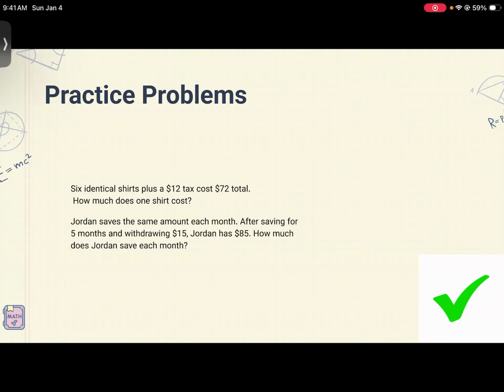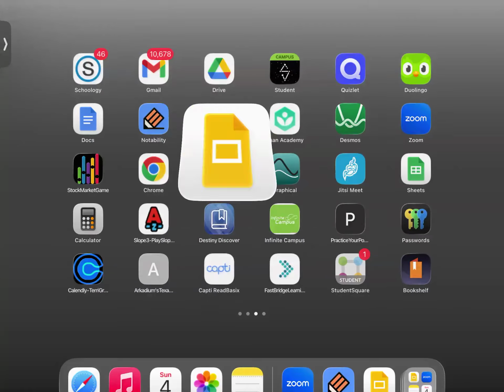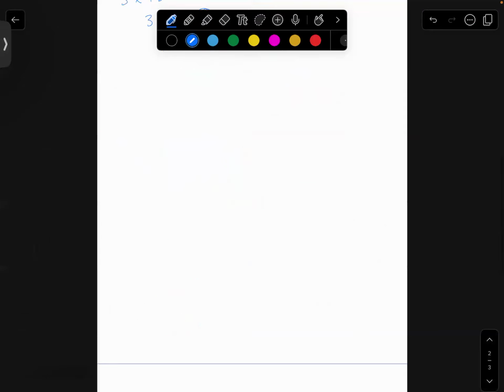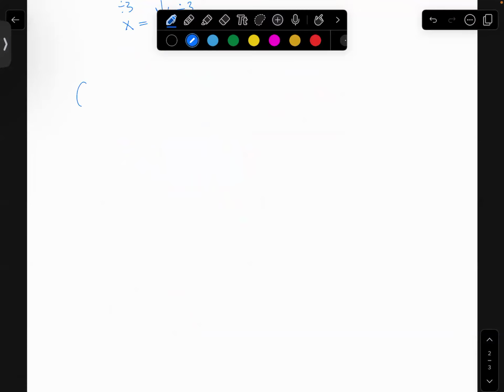Okay, I will show the answer to the first question. So they are saying 6 shirts plus $12 tax is equal to $72. So we can see here that the equation is basically set up.